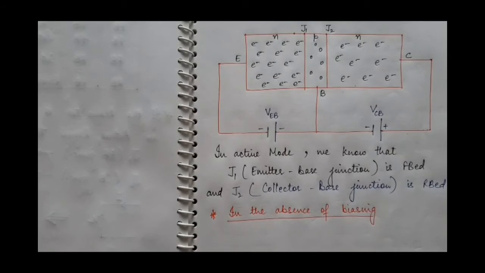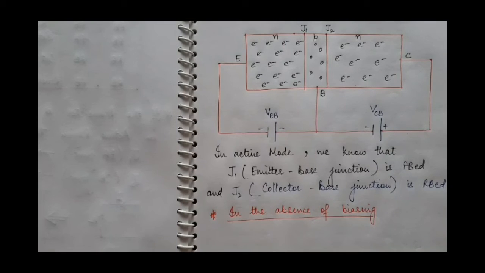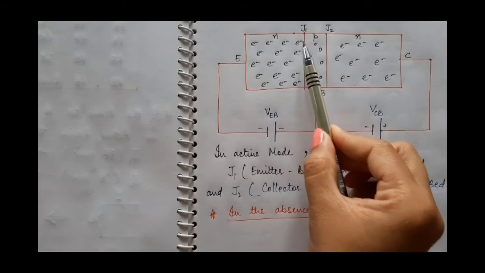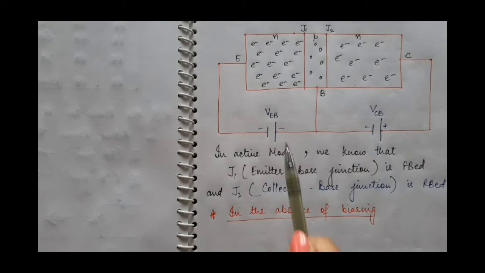Now we know that even when there is no biasing applied here, meaning when we haven't applied this external voltage, or when we haven't forward biased junction J1 and haven't reverse biased junction J2, at that time we have an open circuit, and we know that even then there is a potential barrier across any junction.